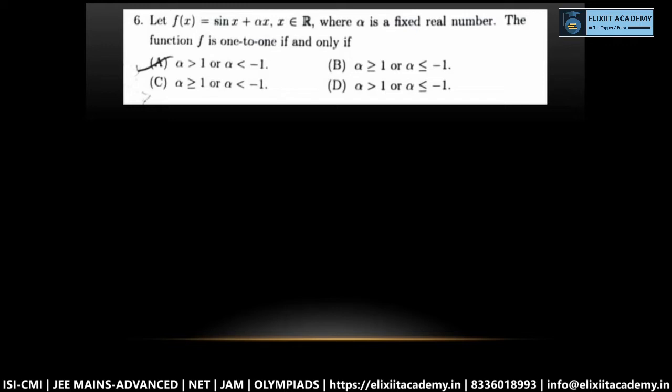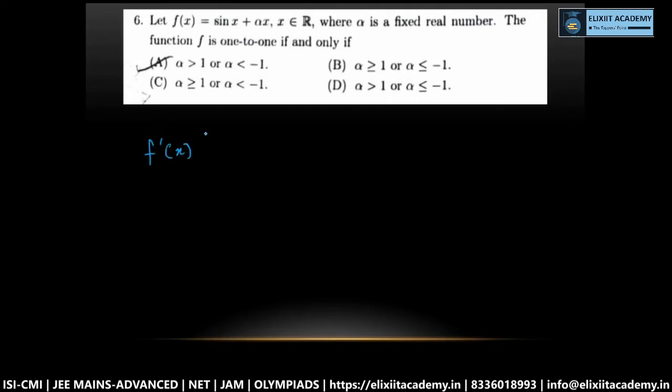Now you know that it's a one-one function. If you go by the calculus method, it has to be either increasing or decreasing. Right? Either increasing or decreasing. f prime of x is greater than or equals to 0, or f prime of x is less than or equals to 0. So if we apply that method, let's find f dash x.